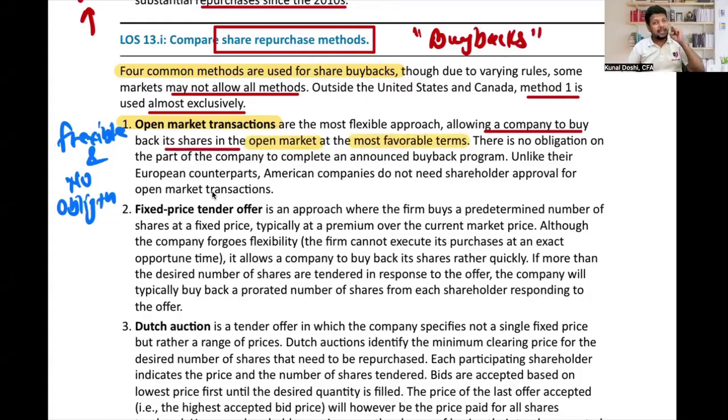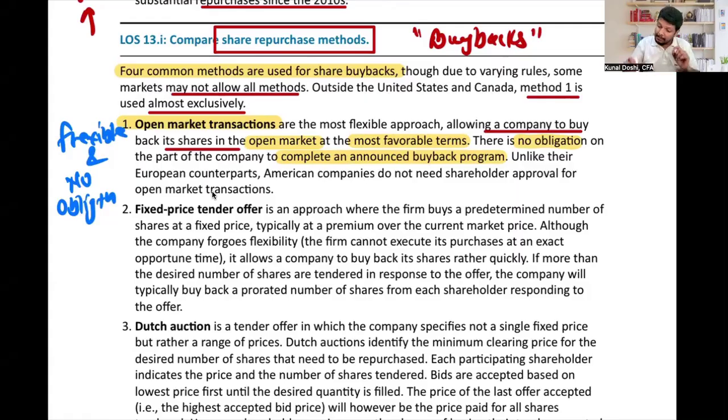So the company can pick up as many shares from the open market as it wants, at whatever price it wants. There is no obligation to complete an announced buyback program. So if I announce that I have 100 million worth of cash, I can buy as many as I want without any restrictions.